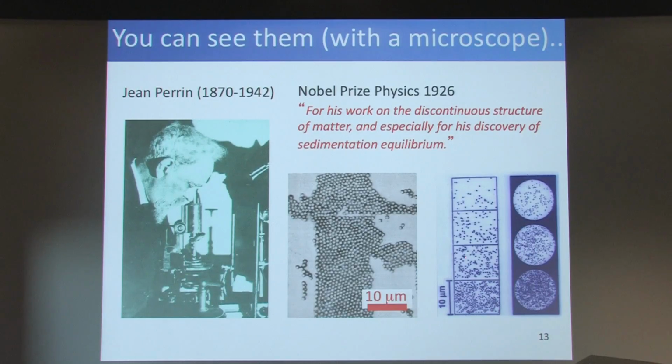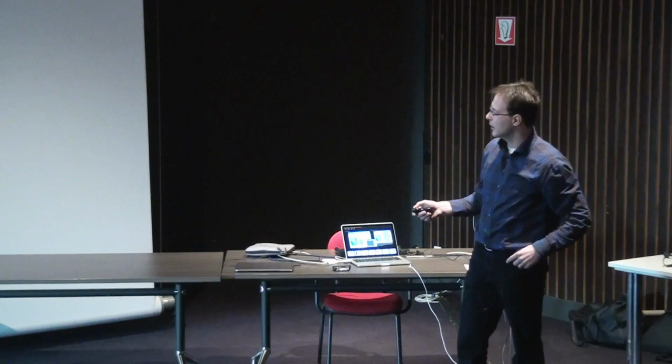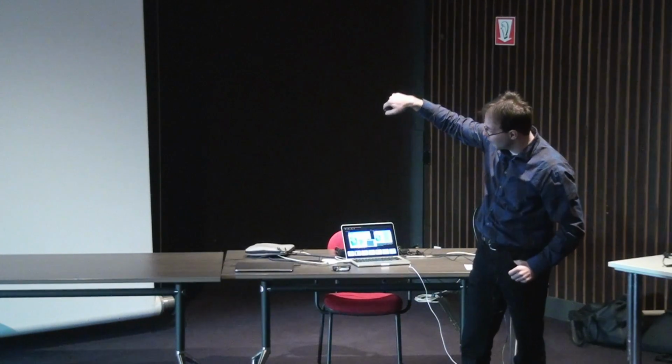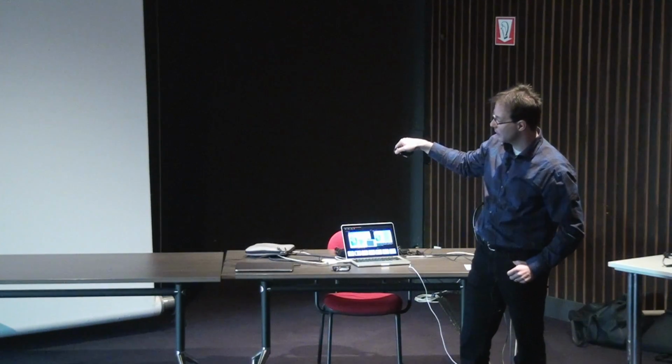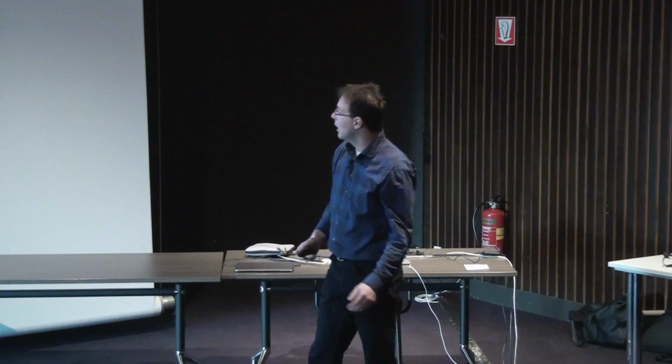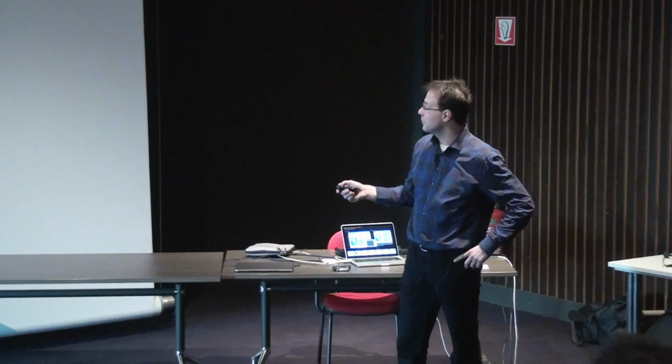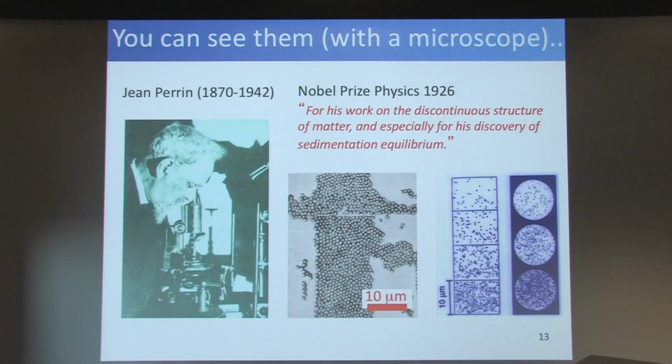So the first experiment that he did is he looked at the behavior of these colloids when you put them in a gravitational field. So that's why gravity points downwards. That's why you have more colloidal particles at the bottom and less at the top, because gravity pulls them down, of course. Now, I don't want to go into too much detail, but what he managed to get from these experiments, he measured something called the Boltzmann's constant, which is related to Avogadro's number. And Avogadro's number tells you how many molecules you have in 1 mole.